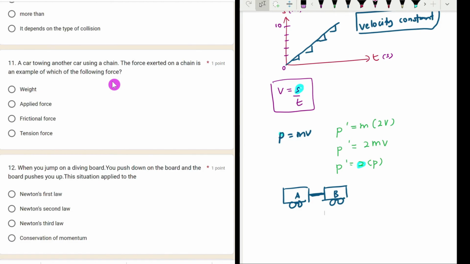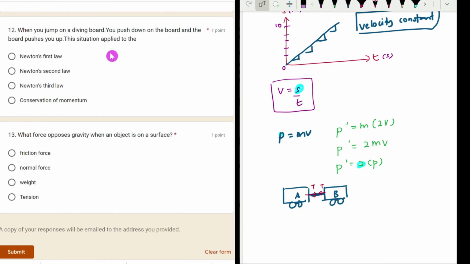Okay, so kalau kat sini kita lukislah paling tepat sekali, bukan weight lah kan? Applied force, frictional force, okay, tension force. Kalau kita lukis T, dia akan jadi macam ni T. Okay, so the answer is tension force.